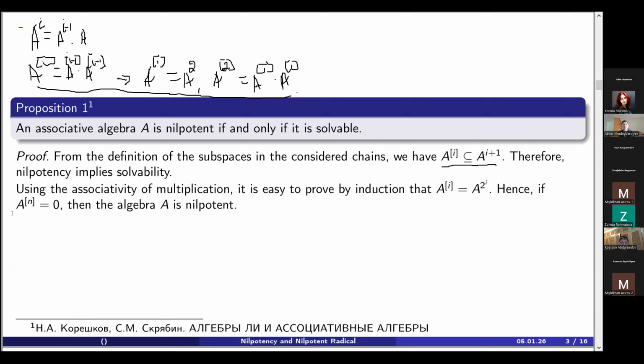Next. Using the associativity of multiplication, it's easy to prove by induction that a^[i] is equal to a to the power of 2^i.